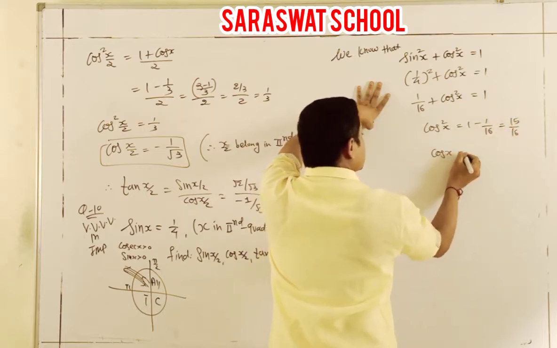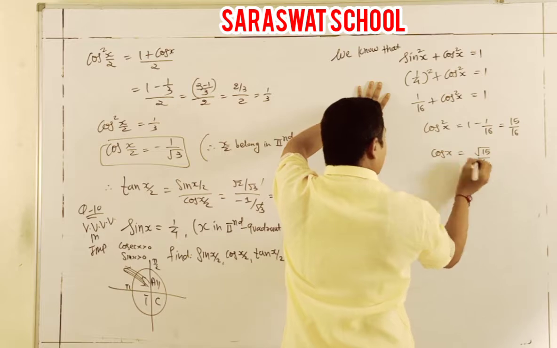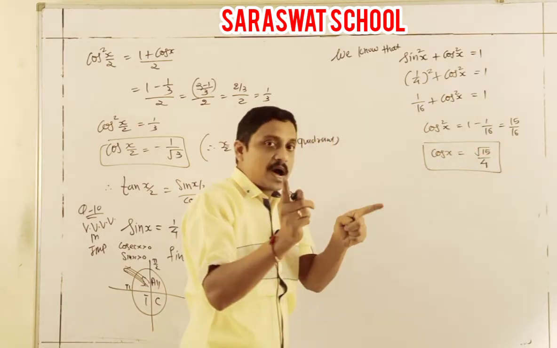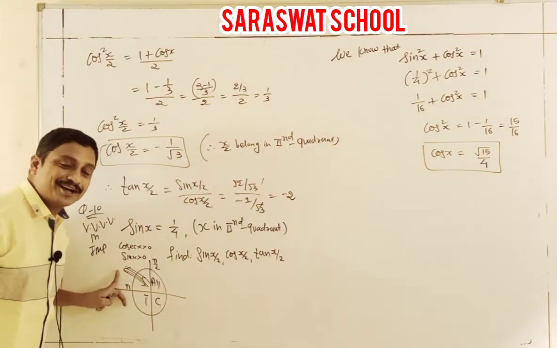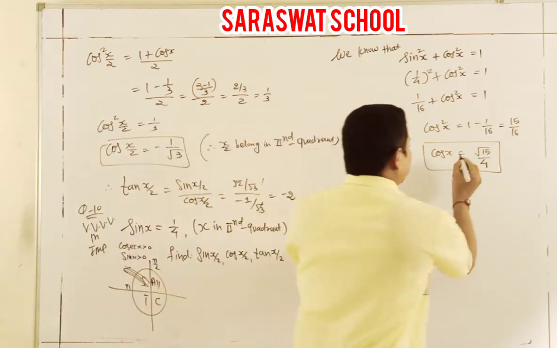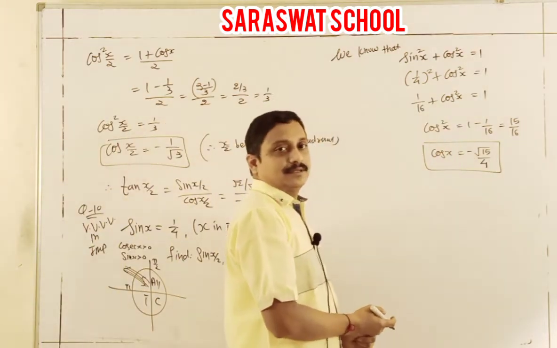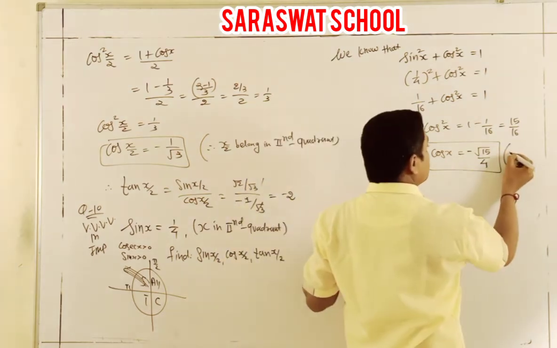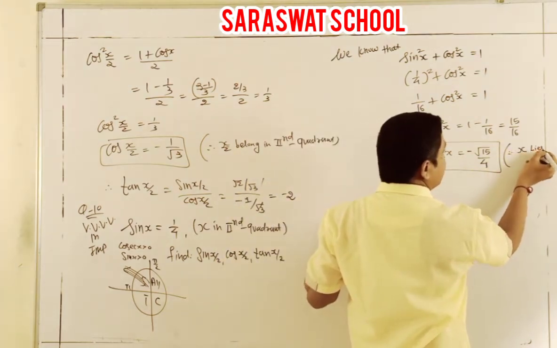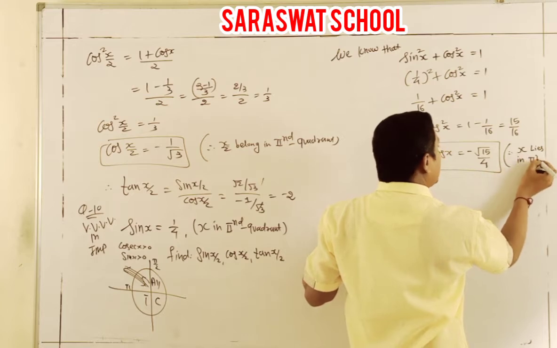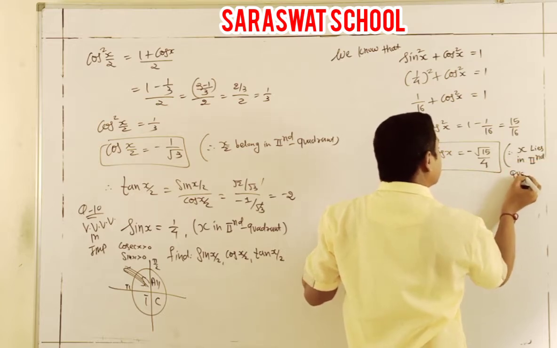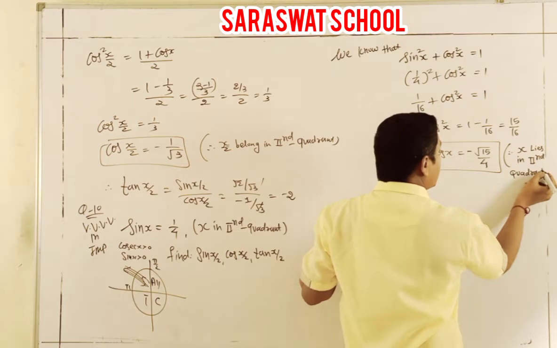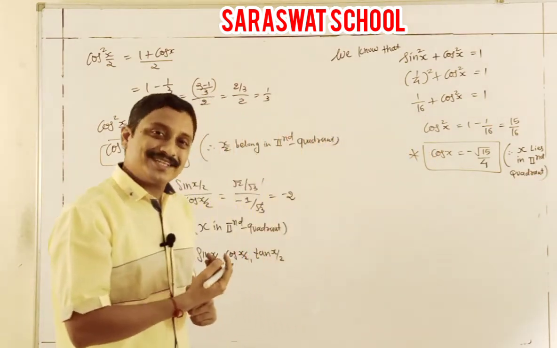So what is cos x? Root 15 by 4. But wait, you are in the second quadrant, so my answer is negative. This is a main point, because x lies in the second quadrant. Yes students, here your answer of cos x is defined.